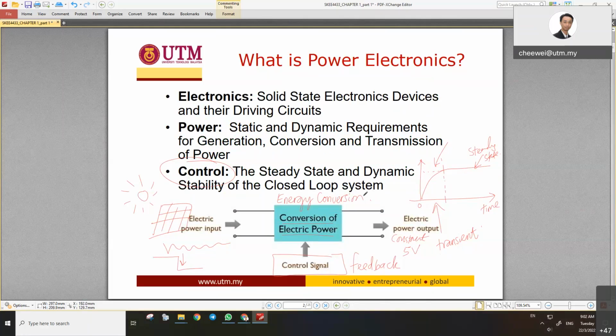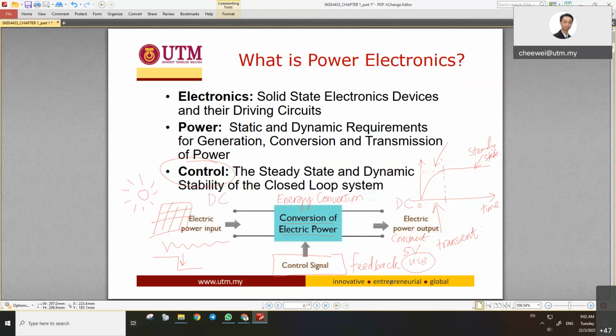Let me ask you, output from the PV is DC or AC? DC, Doctor. DC. This 5 volt is DC or AC? AC maybe. 5 volt or DC too. DC. USB.